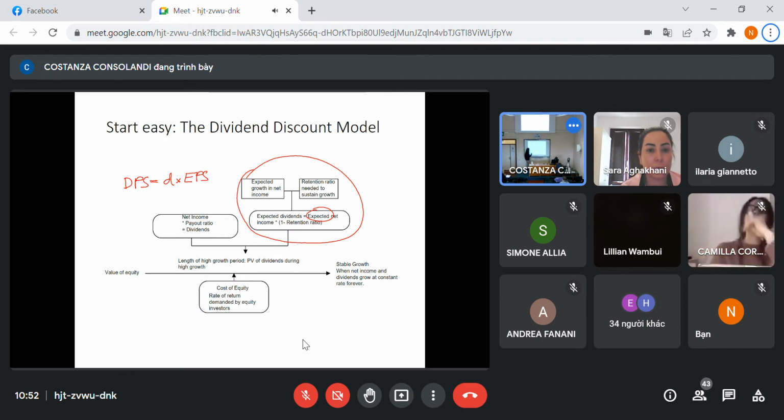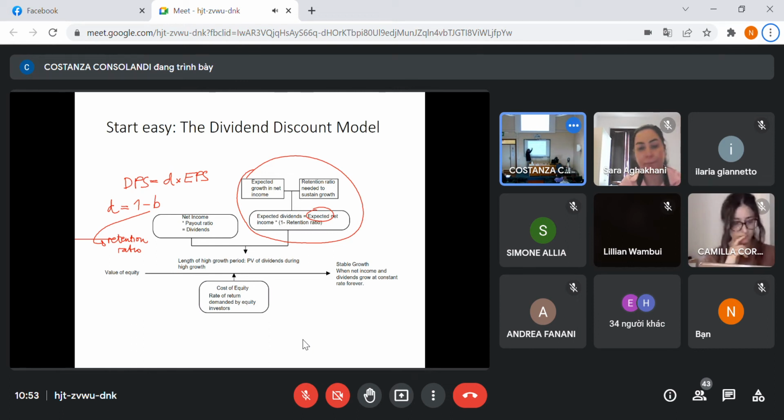We can say that D is equal to 1 minus B, where B is the retention ratio, okay? Let's use this letter, so you become familiar with these letters.